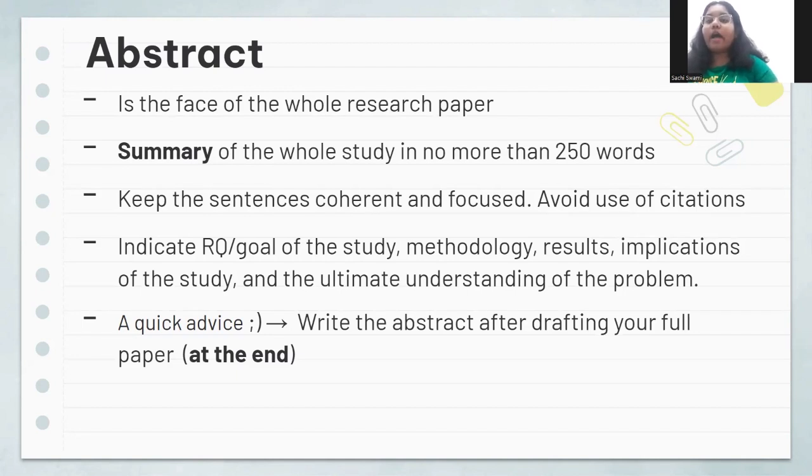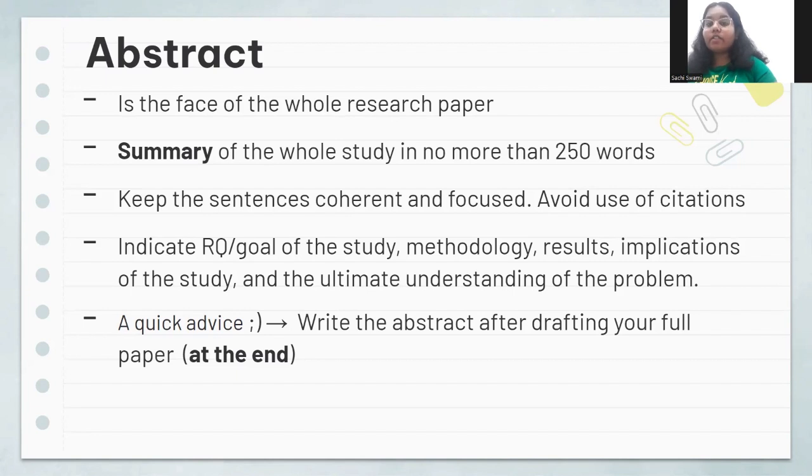For example, you have to make sure to indicate your research question or what the goal of the study was. Do not forget to write your methodology. How did you carry out this study? You have to include the results in brief, write about the implications, and ultimately you have to state the understanding of the problem.